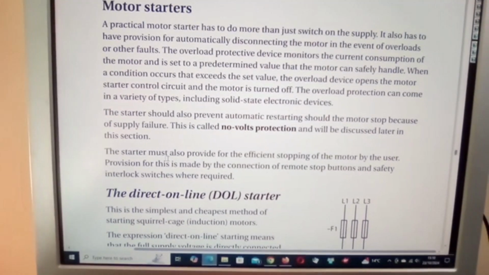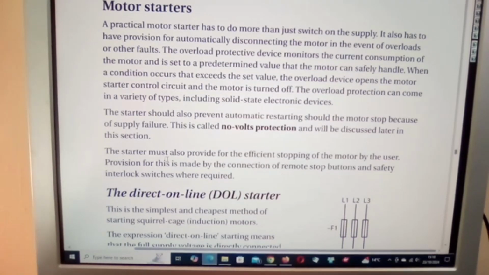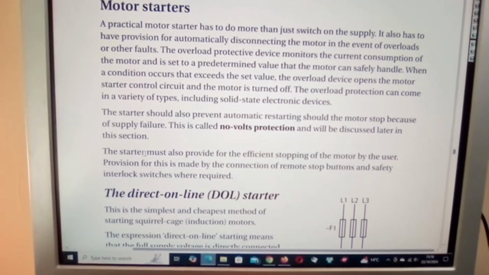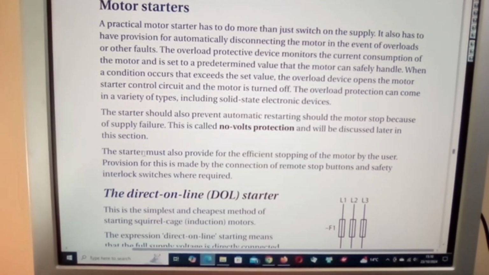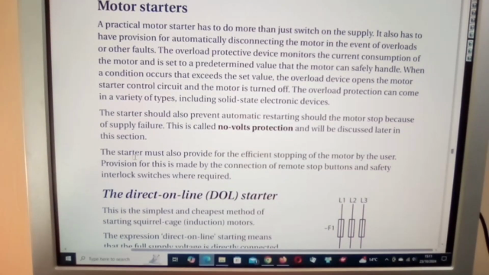The overload protective device monitors the current consumption of the motor and is set to a predetermined value that the motor can safely handle. When a condition occurs that exceeds the set value, the overload device opens the motor starter control circuit and the motor is turned off. The overload protection can come in a variety of types, including solid-state electronic devices.